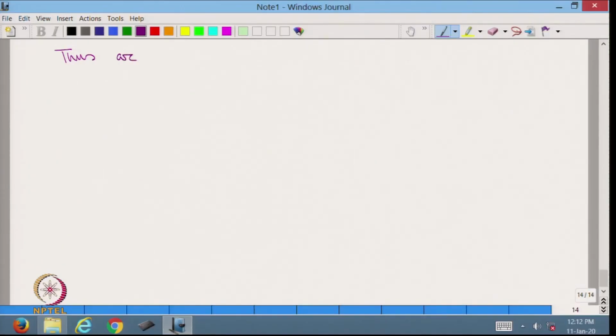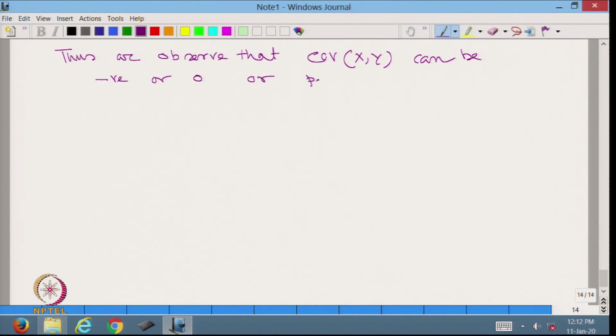Thus, we observe that covariance between x y can be negative or 0 or positive. Can you guess when it is going to be negative?